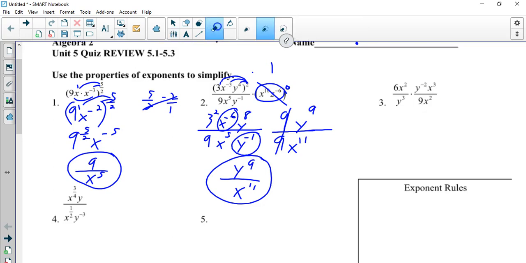But, even easier than that, I can cancel that x squared with that x squared right off the bat. And then these, I just send downstairs. So I already had 3 downstairs. I'm going to add 2 more. That's going to give me 5.